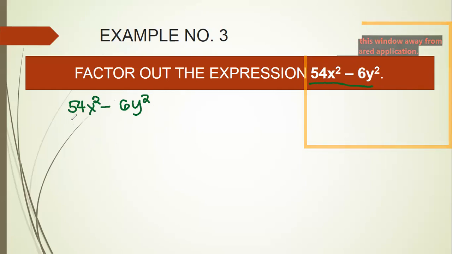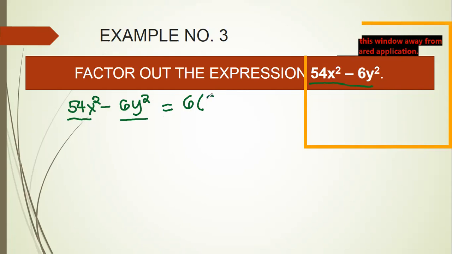No. However, we can use factoring using the greatest common factor. So what's the greatest common factor between 54 and 6? That's equal to 6 multiplied by, what factor must be multiplied to 6 to have a product of 54?